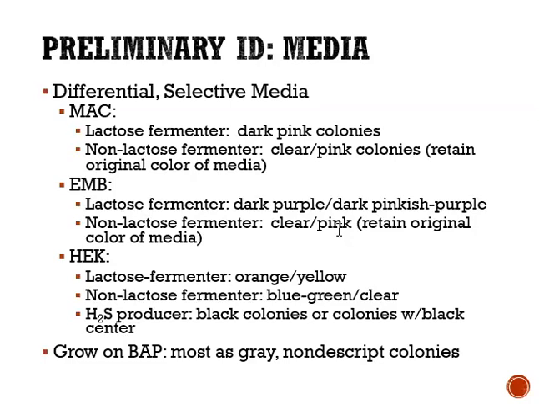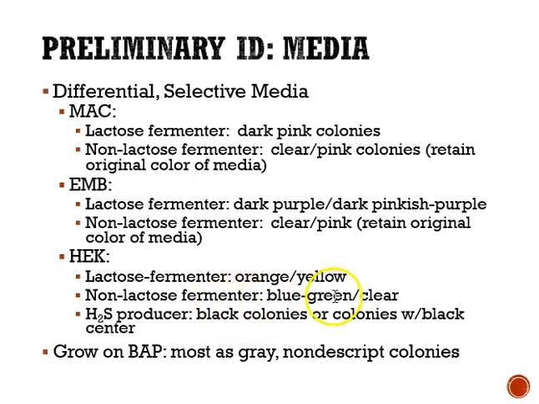Hektoen, if you remember, is media that's used for isolation of Salmonella or Shigella. It also has lactose in it, so it differentiates based on lactose fermentation, but it also differentiates based on hydrogen sulfide production. So your lactose fermenters will change the color of the media from the original kind of green to this orange-yellow.